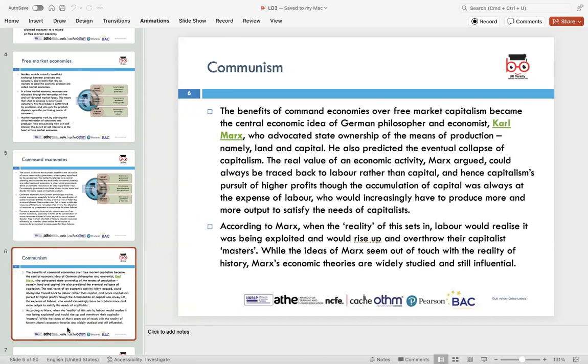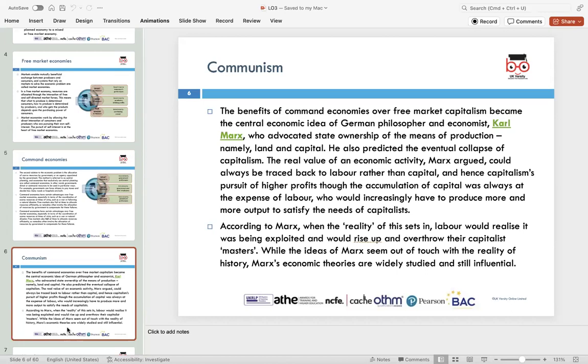Okay. So communism, the political ideology that places emphasis on state ownership of the means of production. Communism was influenced by the views of Karl Marx. You might have heard about Karl Marx as well.